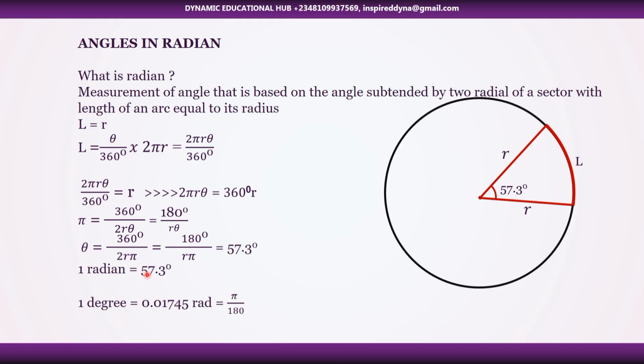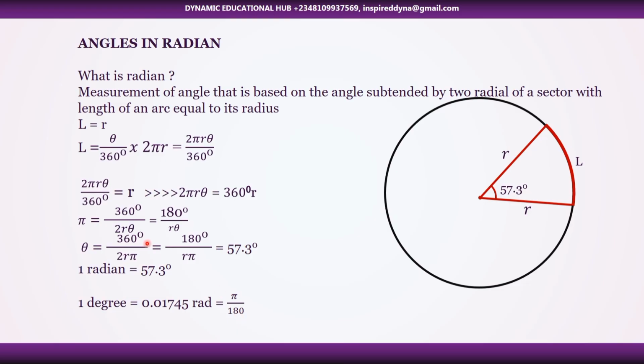If you want to convert degree to radian, 1 degree will be the same thing as 0.01745 rad. Just go ahead and find the reciprocal of this. Just divide both sides by 57.3. So you are going to get 1 radian divided by 57.3, and you are going to get this. And looking at here, 1 degree is equal to pi over 180.